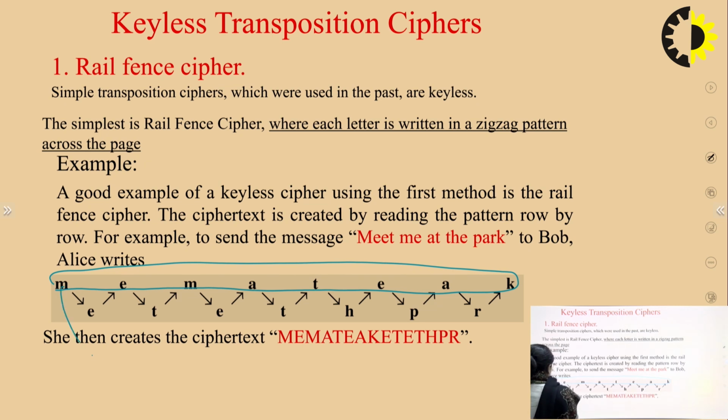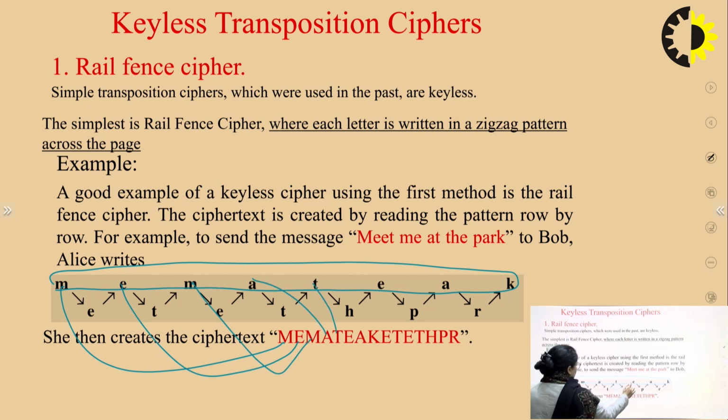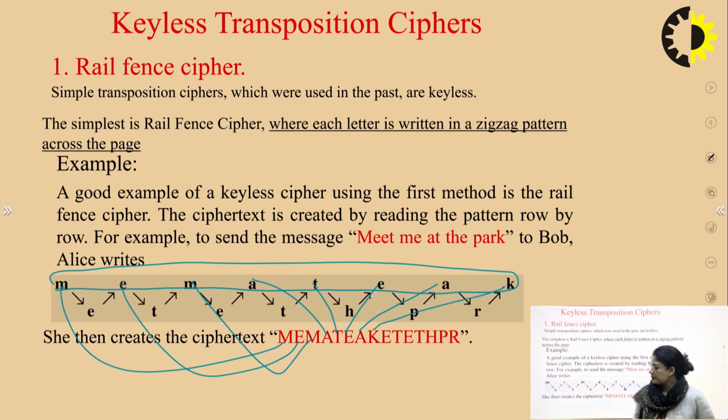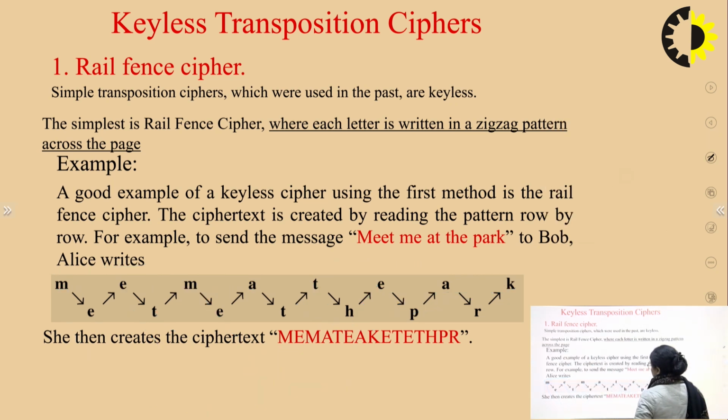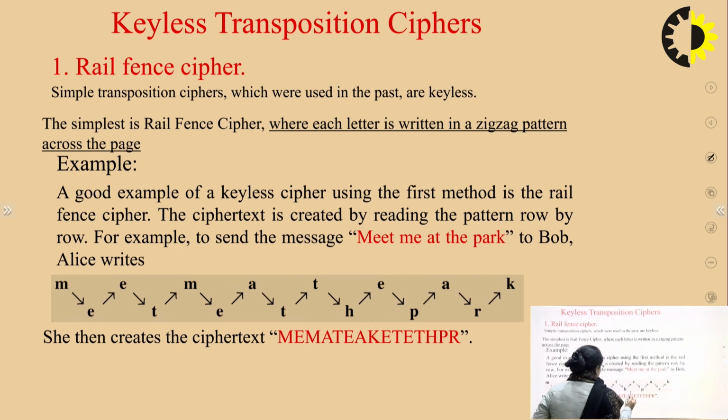The first letter is M, the next letter is E, M, A, T, E, A, K. Once all the letters of the first row are read, we move on to the letters of the second row. So this much is for the first row.